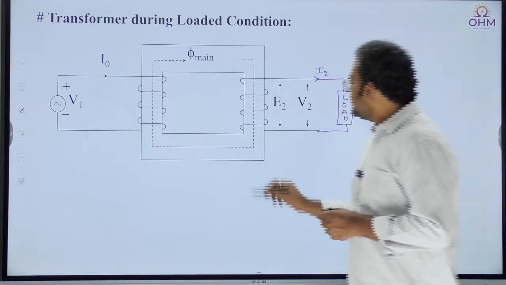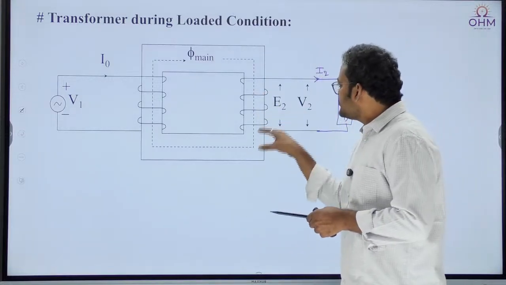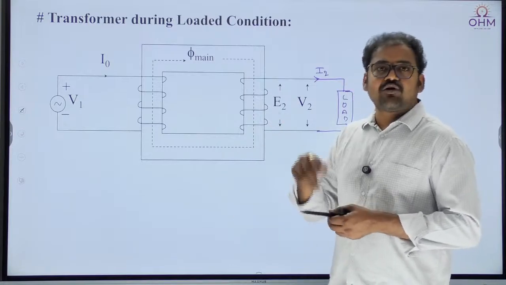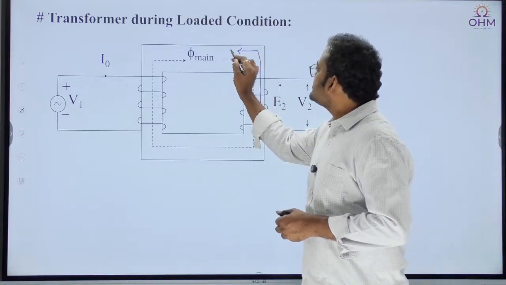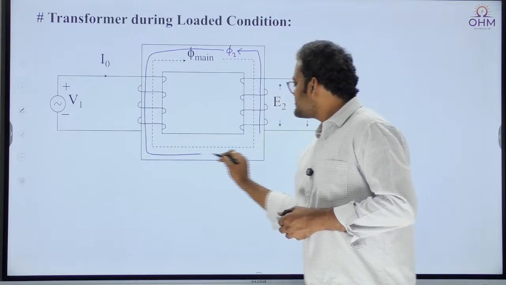This I2 passing through the secondary winding will create some flux, and according to Lenz's law, that secondary flux phi2 will oppose the main flux.